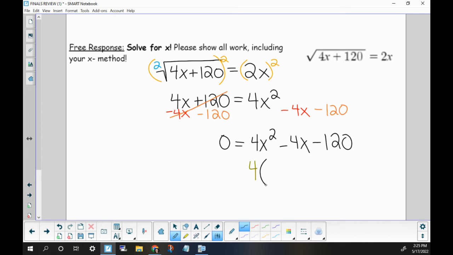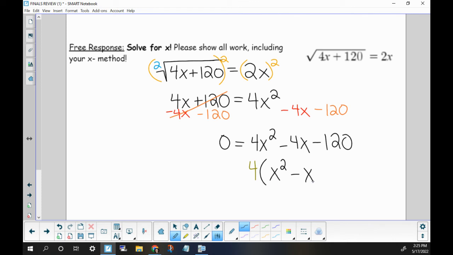What are we left with for this first thing? 4x to the second power becomes x to the second power. Minus 4x divided by 4 becomes minus x, the same exact thing that just happened.